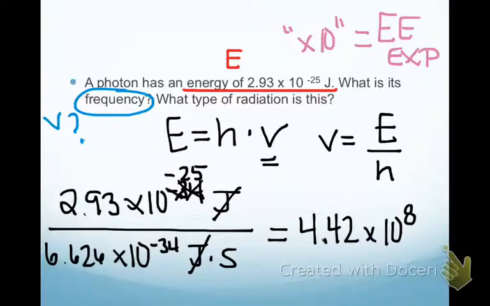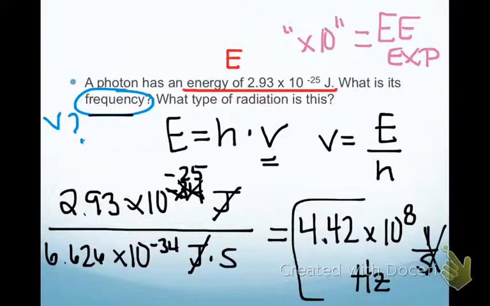So this is like 1 over seconds, right? Well, another way to write that then, instead of 1 over seconds, is hertz. We saw that unit before. And that makes sense also because I was solving up here for a frequency. Okay, so this is my unit, or this is my answer when I'm solving for frequency.